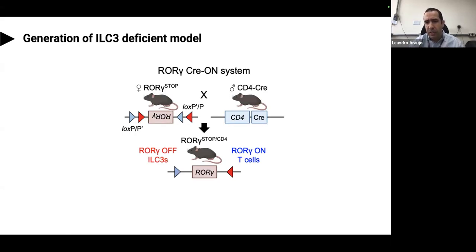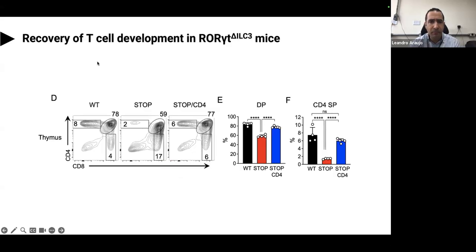By doing that, we turn on RORγt expression in T cells. Basically, this gene is inverted into the correct orientation and RORγt can be expressed in the cells that express CD4 Cre, but it stays turned off in type 3 innate lymphoid cells.